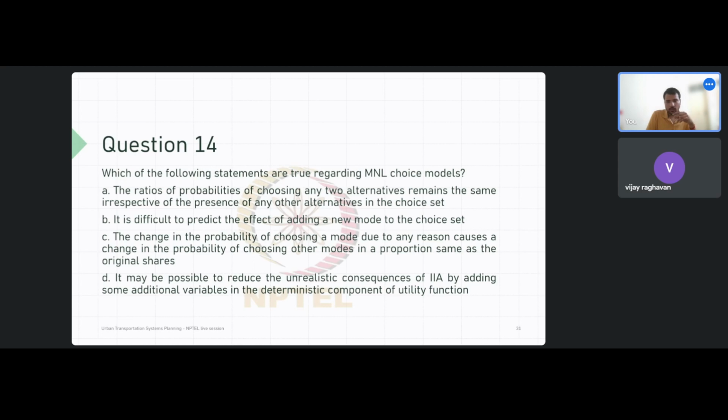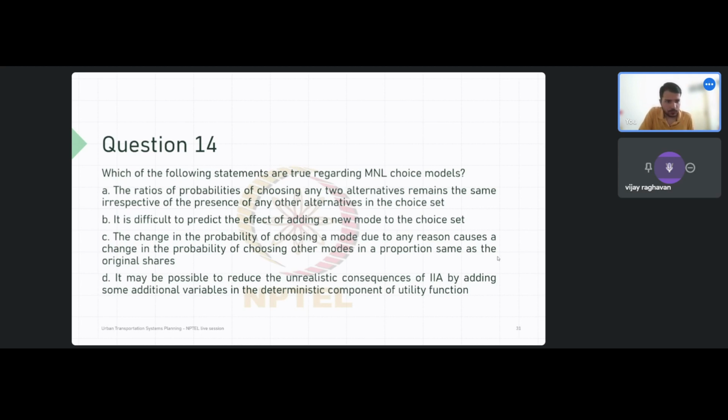Any response? Okay. Let's see the answer. So this is question 14.